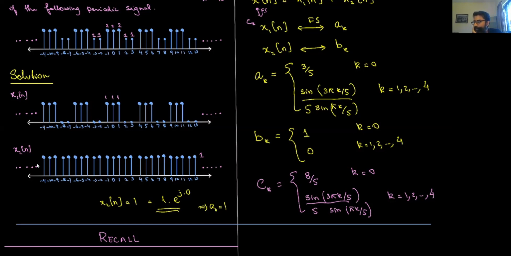So Jamshed says, what if the period N is very large? When the period N is very large, the Fourier series actually becomes equal to something called the Fourier Transform. We're going to do this for the continuous time case first, starting next week, and then the discrete time case a couple of weeks from now.